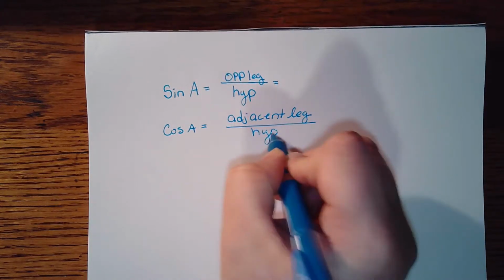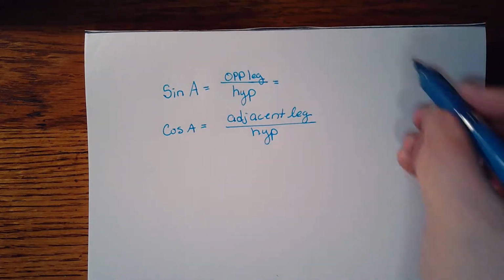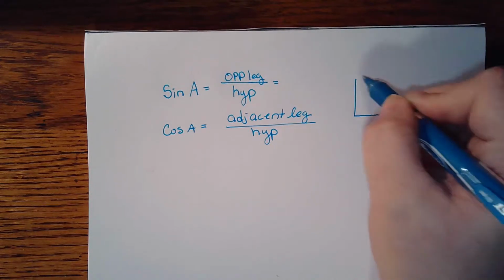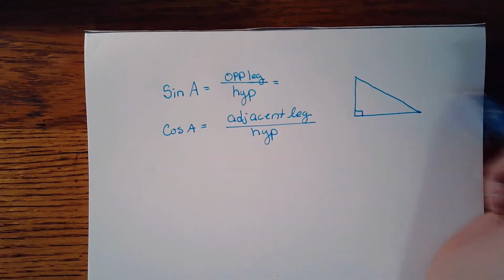So what's important is that we have a right triangle, and what we need to understand is that depending on the angle they give us is going to depend on what is the opposite leg and what is the adjacent leg.